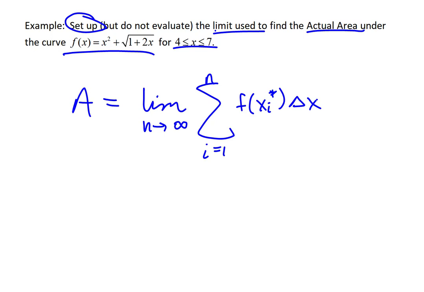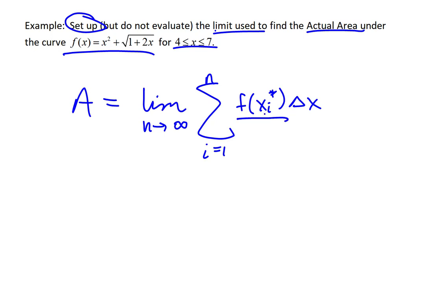Now, this specific notation of f of x sub i star is not used by every textbook author. Some authors use it, some don't, some use a simpler looking version. The whole point is, remember, x sub i star is just some place in the ith interval from which we compute the height of the rectangle.